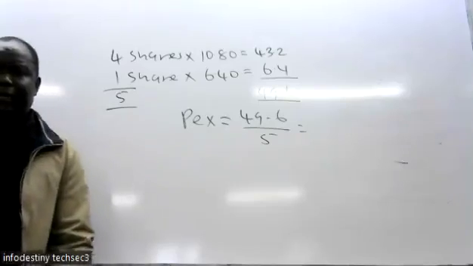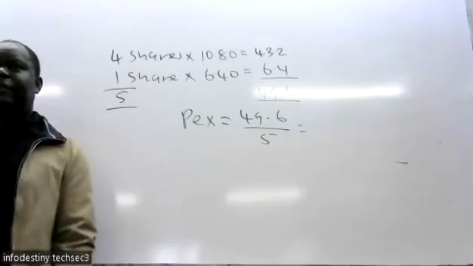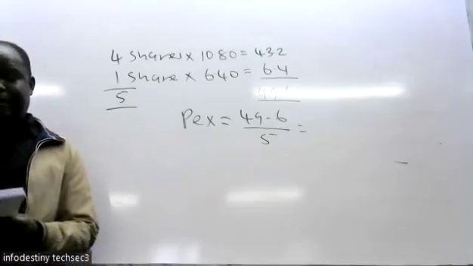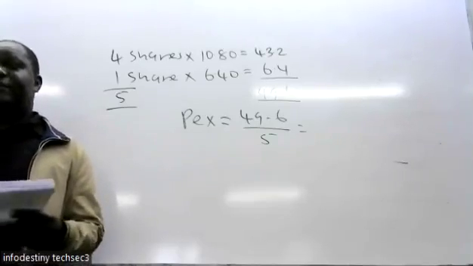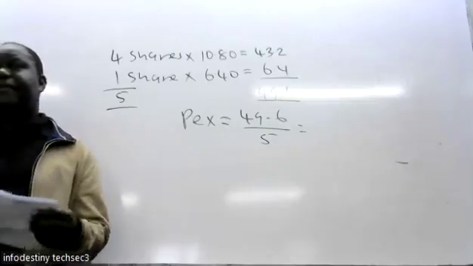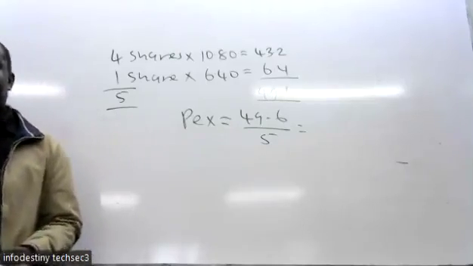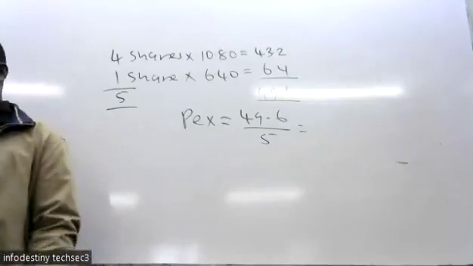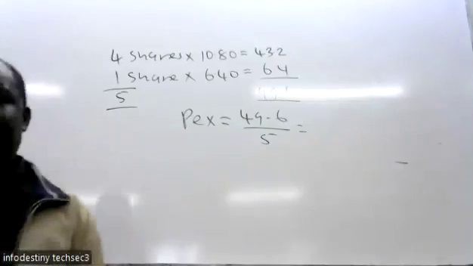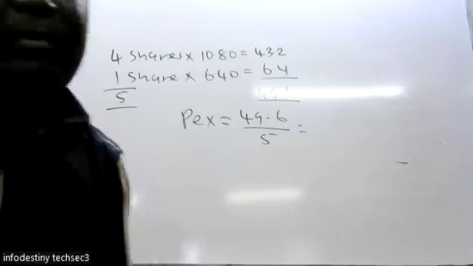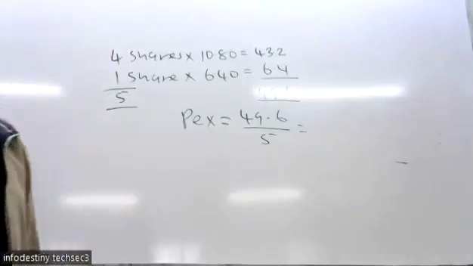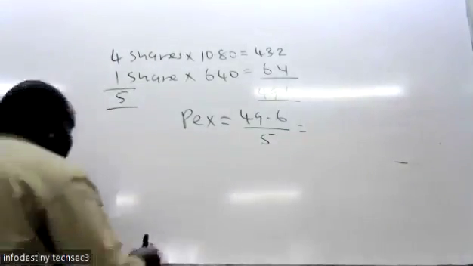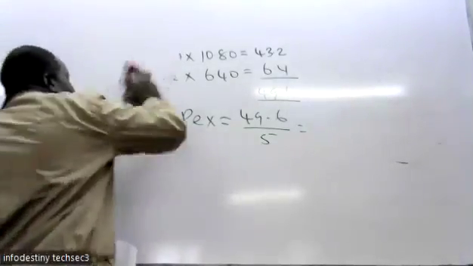Some people could have calculated the value for the rights issue, but they have said value per share. It's not the value for the right, but the value of the share. The value of the share will be the same as the market price per share after the rights issue.